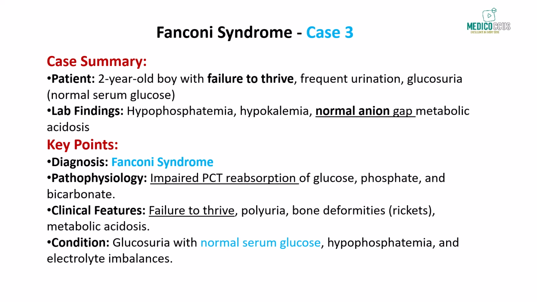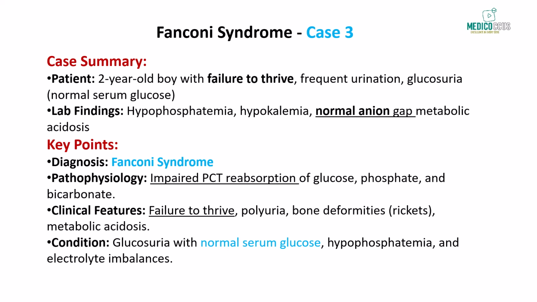The glucosuria and polyuria are due to impaired glucose reabsorption and an overall reduction in the kidney's concentrating ability. As with other cases, despite the urinary glucose loss, the serum glucose remains normal due to other compensatory mechanisms in the body, such as insulin and glucagon regulation.